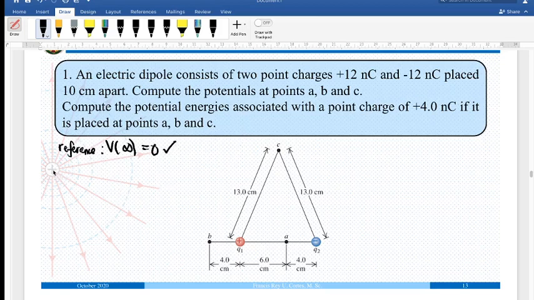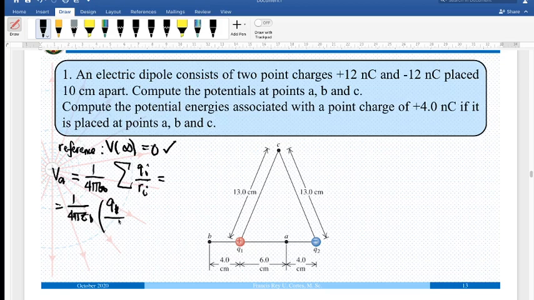Okay, so the potential at point A is straightforward: 1 over 4 pi, the summation of Qi over Ri, which we can extend to 1 over 4 pi epsilon sub naught, and with two charges involved, Q1 over R1 plus Q2 over R2.